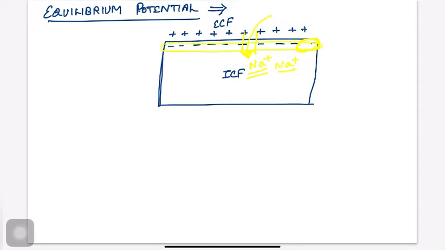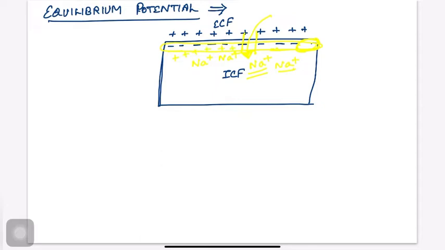It neutralizes the negative charges inside the membrane, which means at one point there will be no negative charges inside. Accumulation of more sodium ions will cause positive charge inside the membrane.